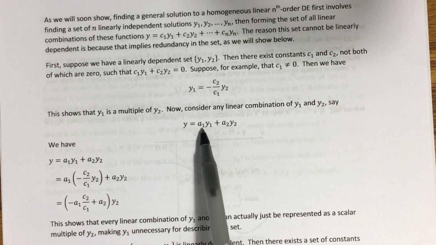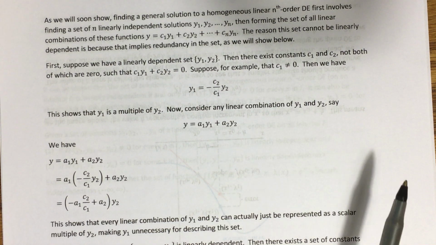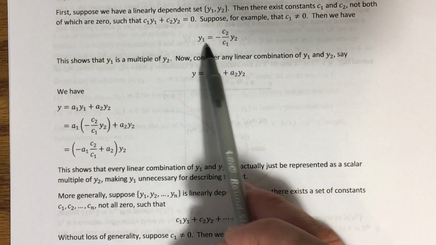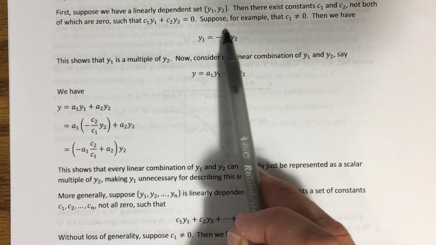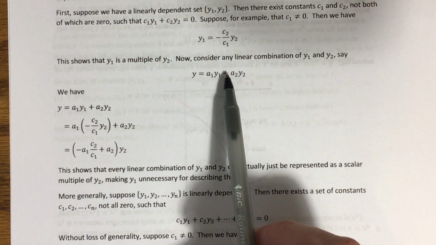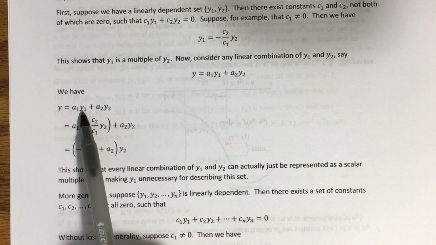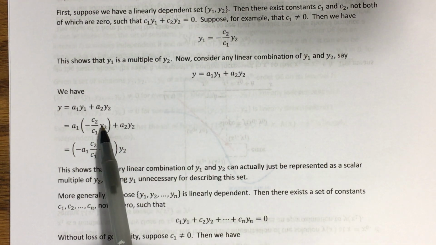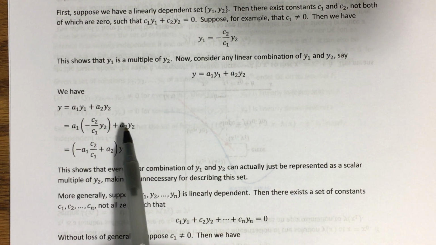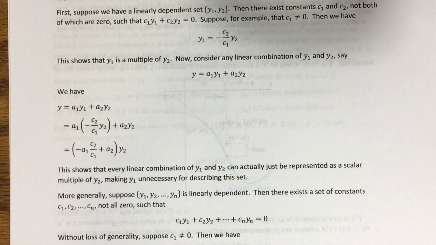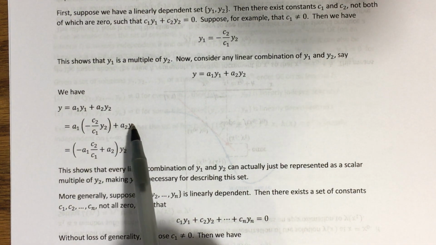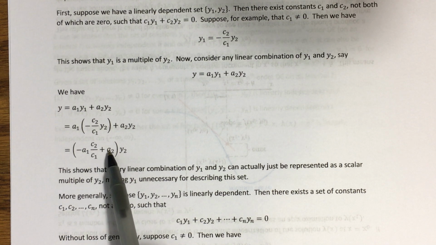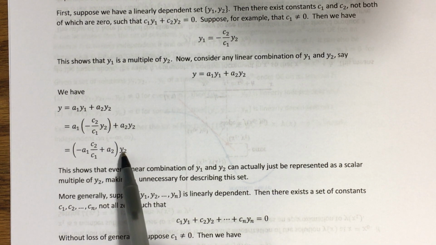Well, if I define y to be equal to some general linear combination like this, and if I use the fact that y1 is equal to this constant times y2, I have a substitution I can make. So over here, y equals a1 y1 plus a2 y2. And if I substitute this expression for y1 here, now y2 is the only function showing up in that expression. If I factor the y2 out of both of these terms, I get negative a1 c2 over c1 plus a2, quantity, times y2.